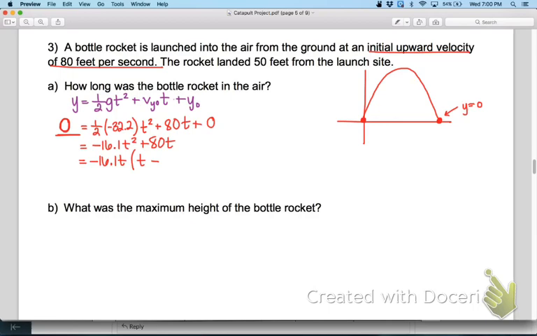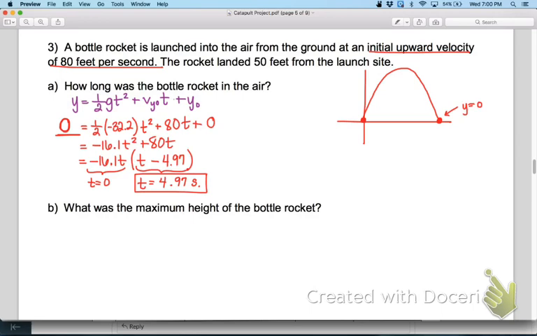We are going to get minus 4.97. So if we set each of these equal to 0, here t is going to be 0. We knew that because we started at a height of 0. And then here t is going to be 4.97. So that's the one that we're going to work with. The total time that it was in the air was 4.97 seconds.